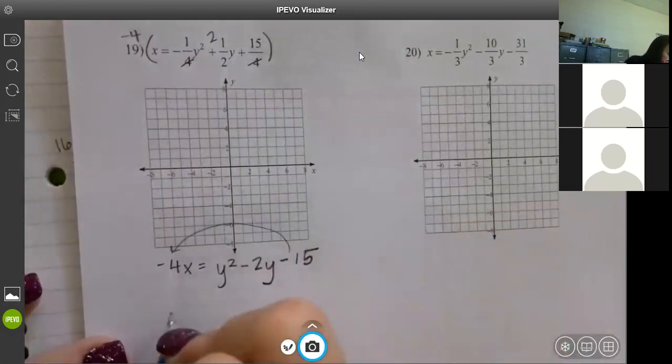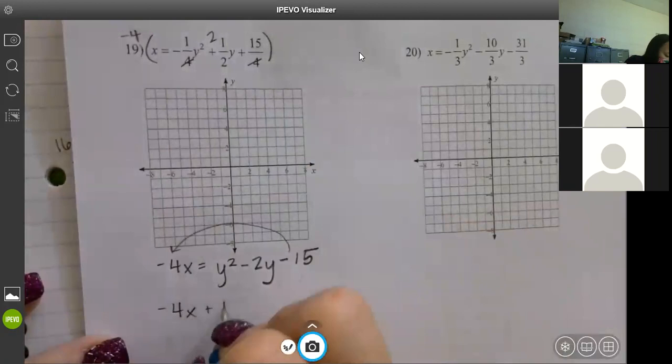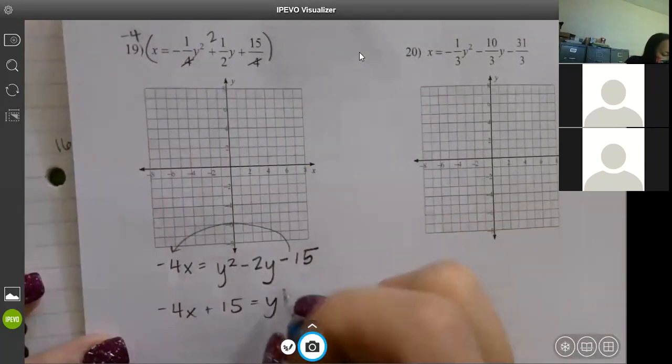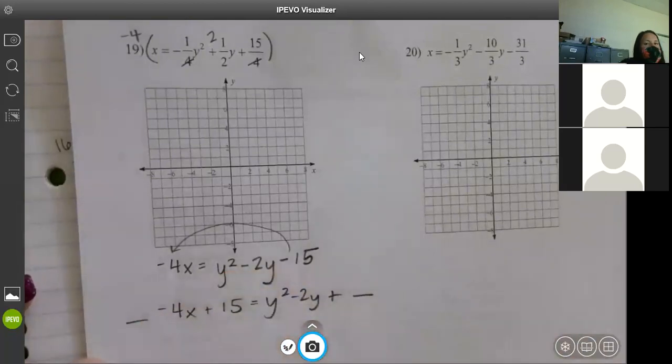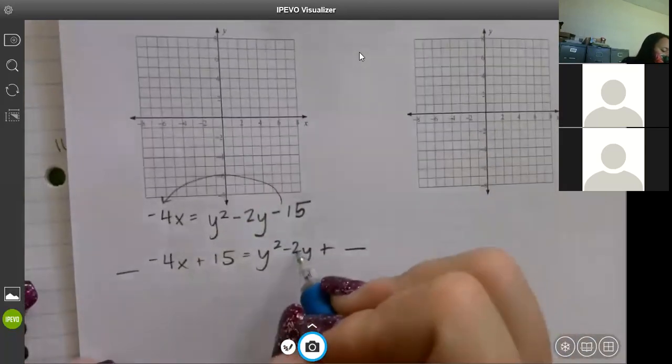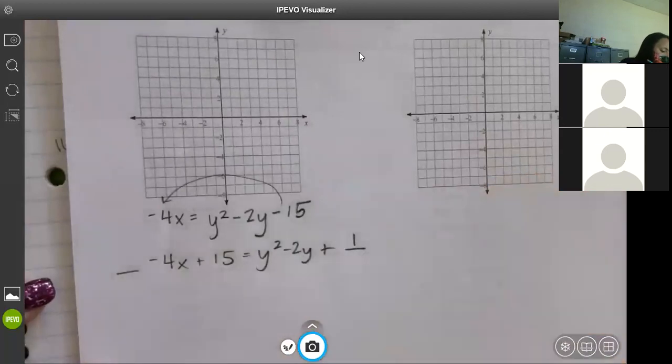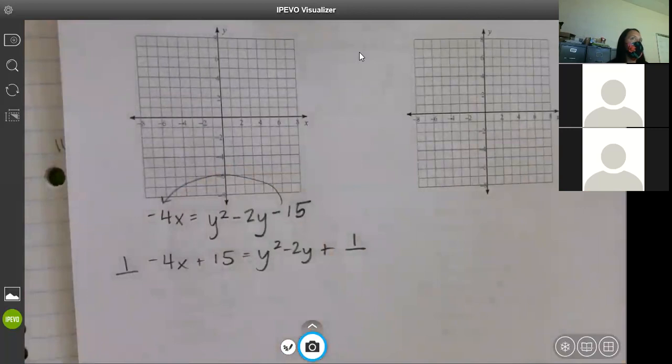Move your 15 over. I get -4x plus 15 equals y squared minus 2y. We're going to put in our blank. 2 divided by 2 is 1. Squared is 1. Since I didn't pull anything out, that's what goes in both blanks.